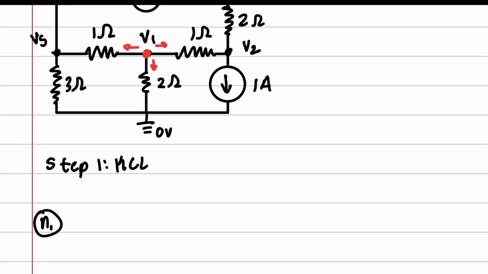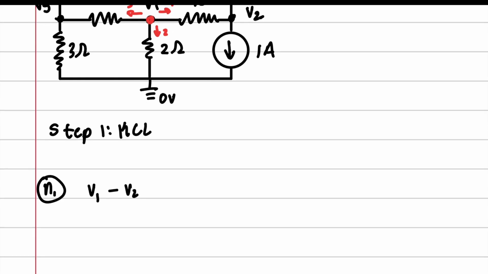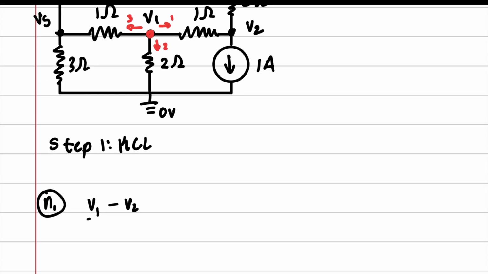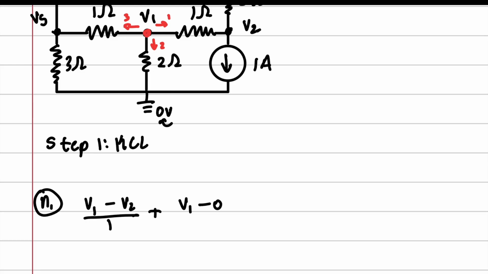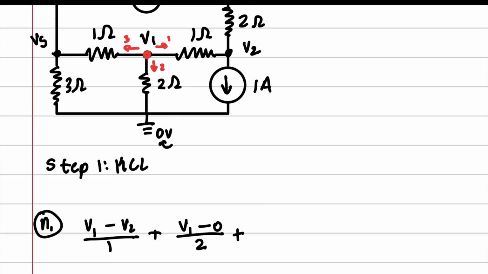First we're going to do V1 minus V2 over 1 ohm, plus V1 minus 0 (remember, ground is still a node, so we put the voltage there and we called it 0) over 2, plus V1 minus Vs over 1, equals 0.